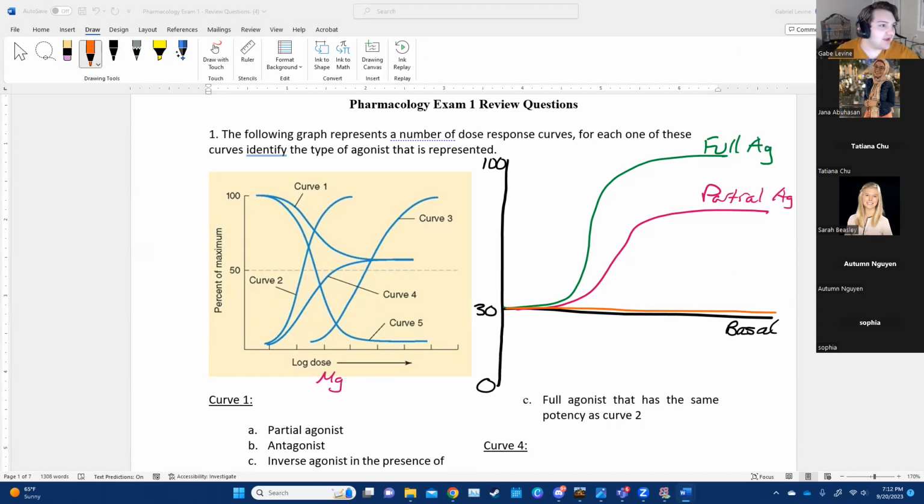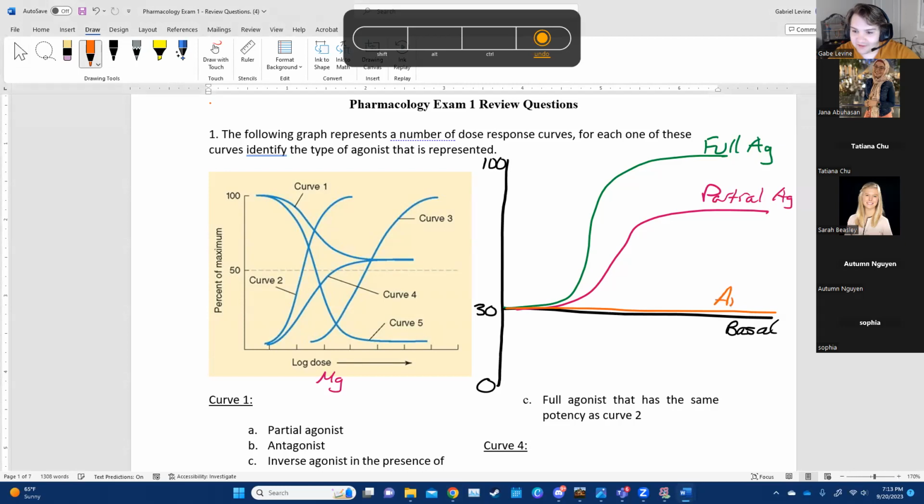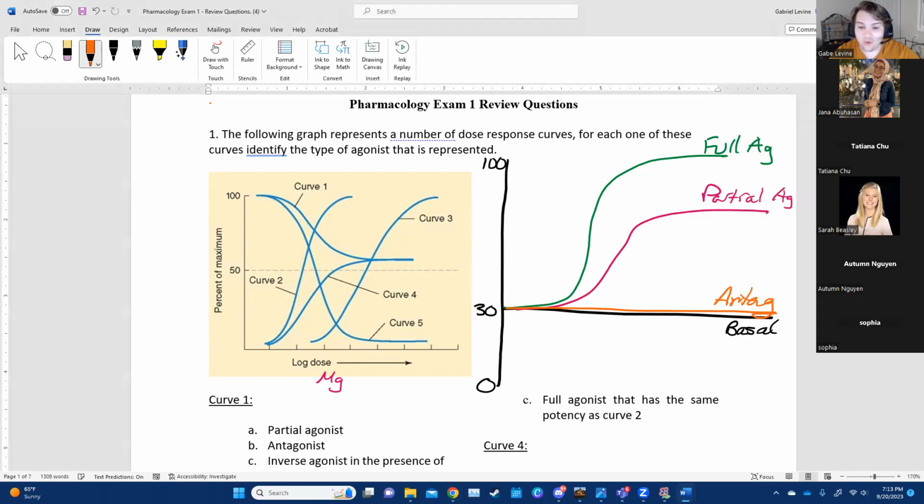So it's going to prevent the increased activation of the receptor. An antagonist does not increase or decrease basal activity on its own. It keeps it right where it is. So if the natural response of the cell is 30%, it keeps it at 30%.